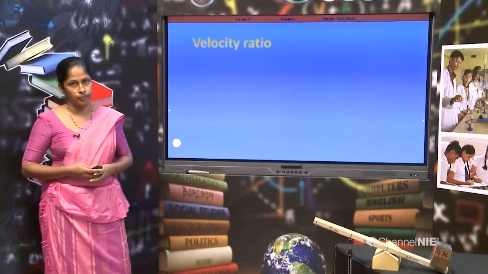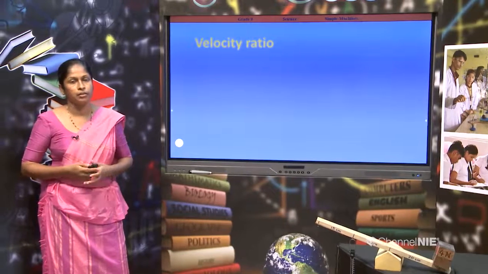Velocity ratio. Another special factor that we have to discuss about simple machines is velocity ratio. In third order levers, I told you it is a distance multiplier. That means the ratio between the distance moved by the effort and the distance moved by the load is called velocity ratio.